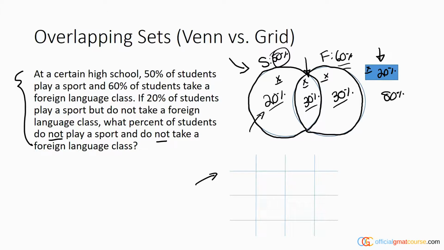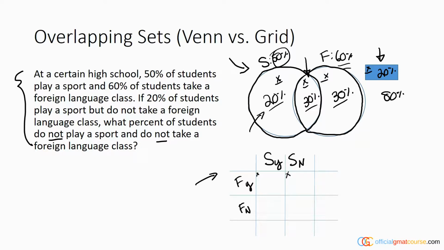Okay, now let's solve it using the grid. So in a grid, we have the same idea, but what we do is we say sports yes, sports no, foreign language yes, foreign language no. And what this does is it creates overlap. This box here is the overlap of sports yes, foreign language yes. So if you do both, you go in that box.